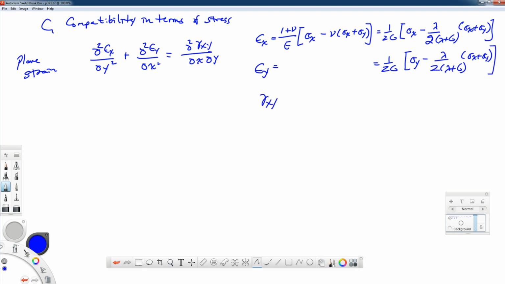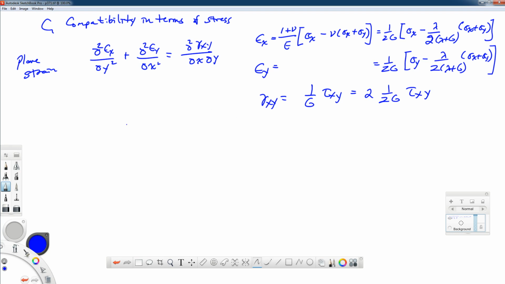Gamma xy, then we can write down as 1 over G times tau xy, and for reasons that will be apparent pretty soon, I'm going to write this as 2 times 1 over 2G tau xy.